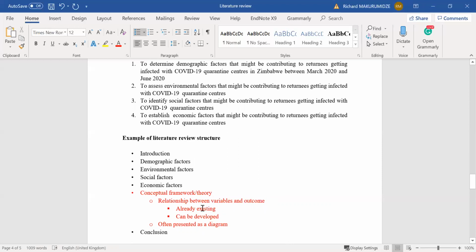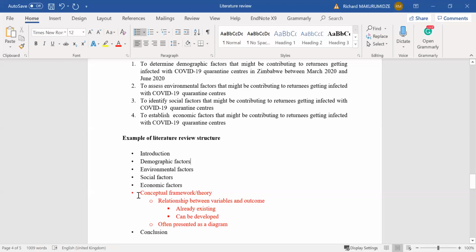Somehow, you might need to come up with a theory, or if a study has been done, some framework which really shows the relationship between these factors and getting COVID infection. If you're lucky, someone has already done this study and come up with a framework or diagram which shows the relationship between these and the risk of getting coronavirus.